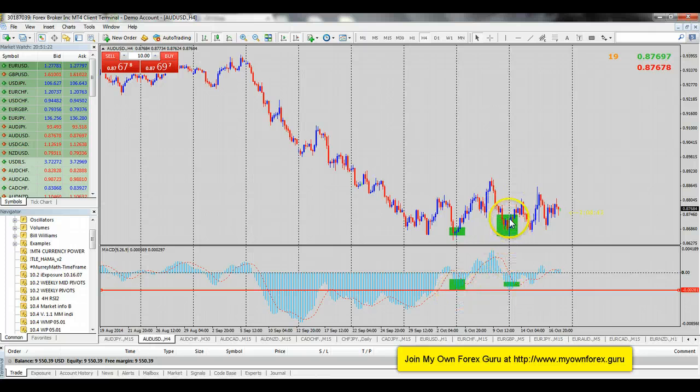Then we pretend we had a bigger dive on the chart, but the MACD showed a smaller dive. Does that make sense? You guys following me?